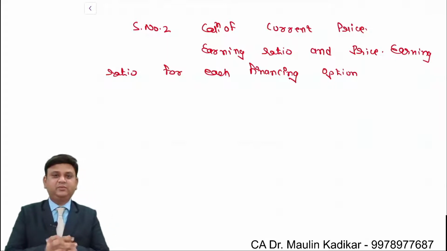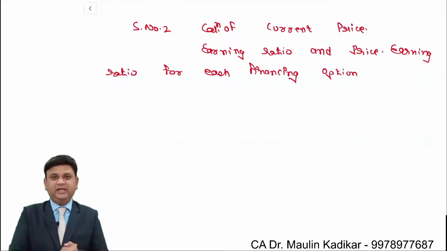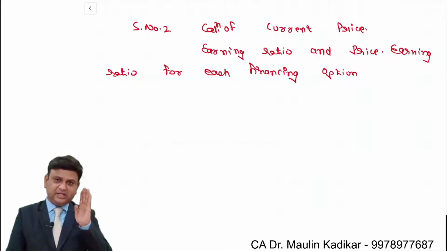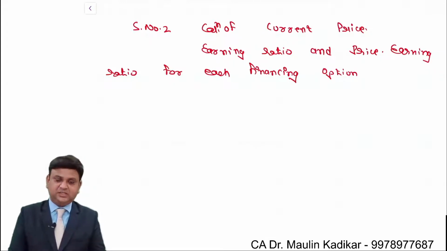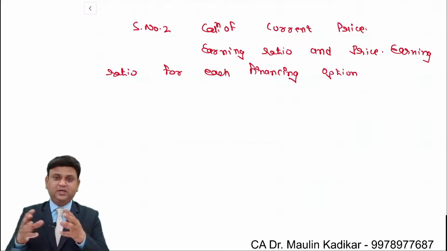So friends, we are required to make the calculation that say what is the current price earning ratio, and we are required to make the computation that say what would be the price earning ratio if at all we raised additional financing by way of debentures, or say we raised the financing by combination of the debentures and equity shares.